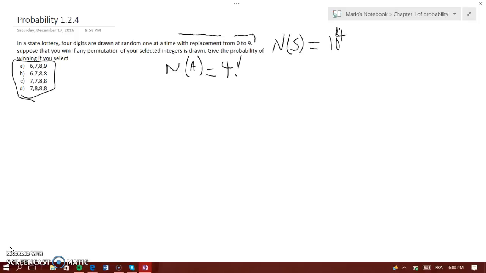So the probability of winning for A, which is 6, 7, 8, and 9, is going to be the number of A, which is 4 factorial, which actually is a number, divided by the number of S, which is the bigger picture here, which is 10 to the power of 4.